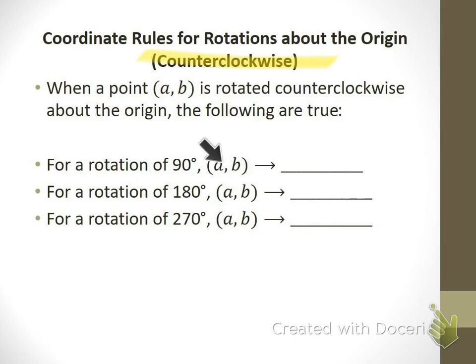So, assuming that you start at a point A, comma, B, a 90-degree rotation counterclockwise will land you at negative B, comma, A. A 180-degree rotation is just going to negate both A and B. And a 270-degree counterclockwise rotation will land you at B, comma, negative A.